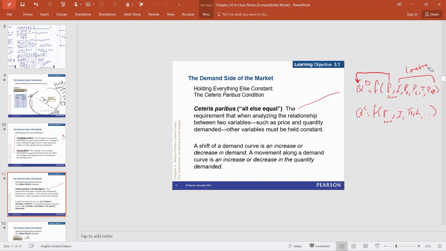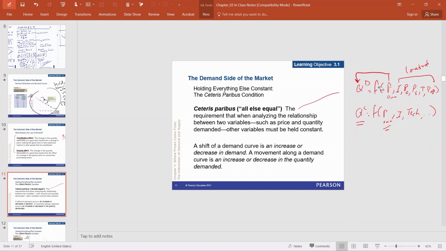The same analysis applies when we talk about the supply side. So when the own price of the product goes up, suppliers will supply more because it will be more profitable for them.